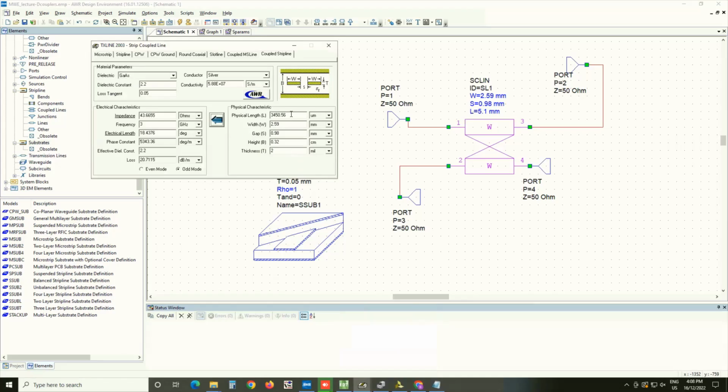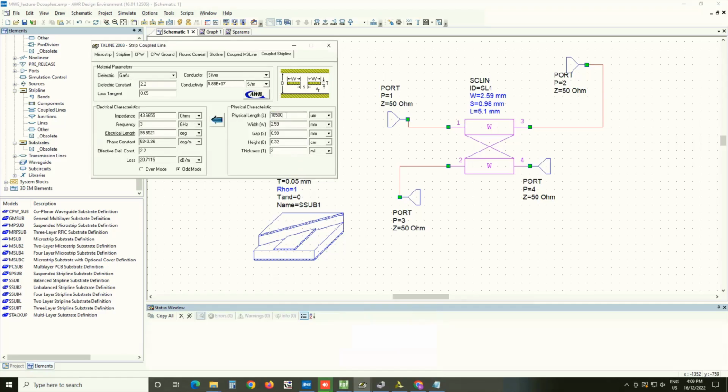So I have to adjust this physical length so that I get an electrical length of 90 degrees at 3 gigahertz. Currently it's at 3.4 millimeters, which is giving about 18 degrees. So I need to go roughly 5 times, so that's going to be like 18500.